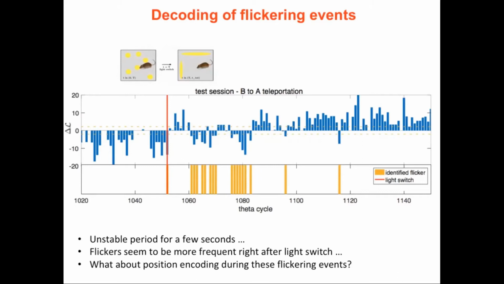So essentially, right after the light switch, it seems that the representation, or let's say the map which is used by the animal, is changing very abruptly and fluctuating. Does that mean that the information about the position is lost, or does that mean that the animal has two different ways of expressing this position?